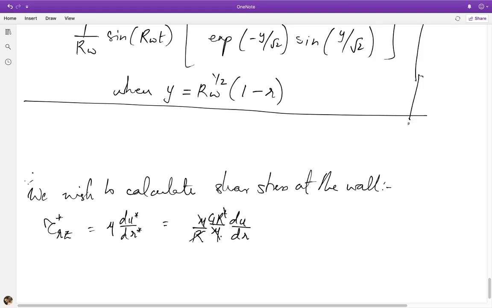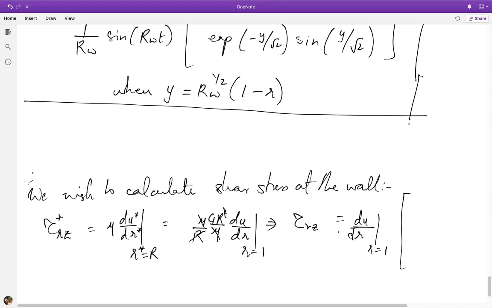And the mu's cancel. So what this gives us is basically tau rz non-dimensional is simply equal to du by dr. Right, this is what we could have written down directly, of course at r equal to 1. This has to be calculated at r star equal to capital R at the wall, which is equivalent to r equal to 1, right?